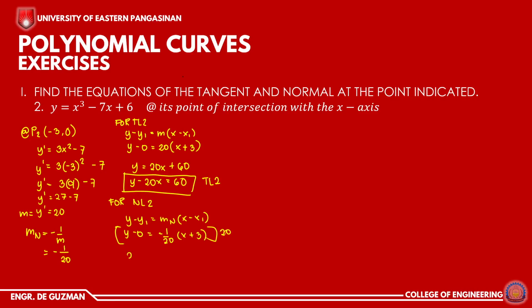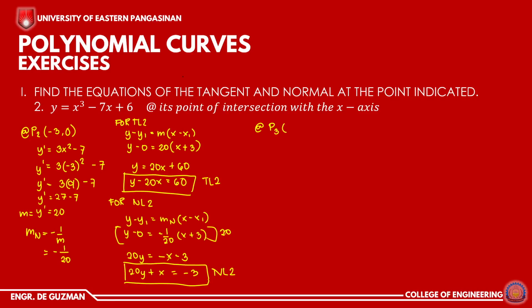So, magiging 20y is equals to negative x minus 3. So, 20y plus x is equals to negative 3. So, ito yung ating normal line 2.